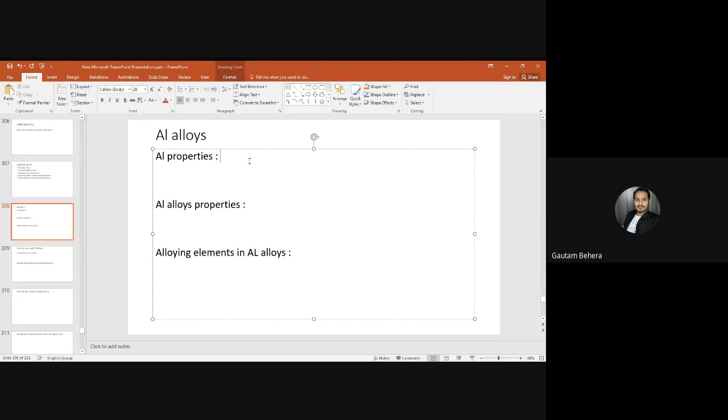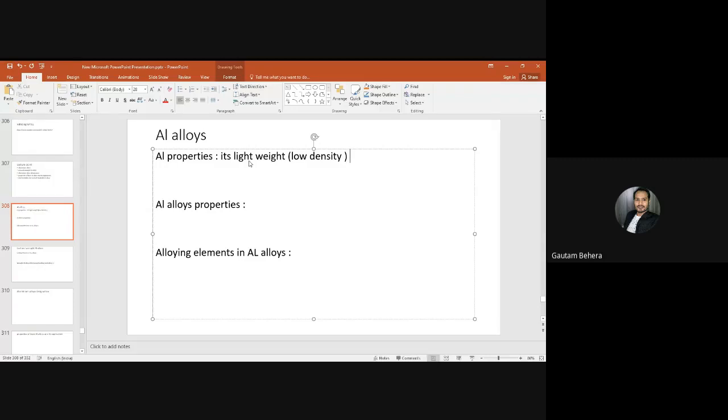Why? Aluminum has very interesting properties. Pure aluminum has very attractive properties. The best attractive property aluminum has is that it's lightweight, or you can say it has low density. If you compare the density with steel, it is very light.